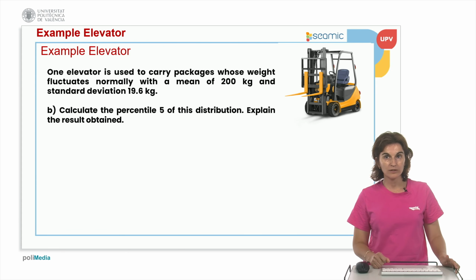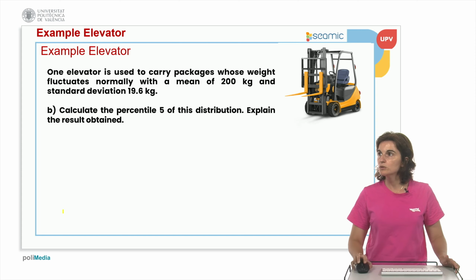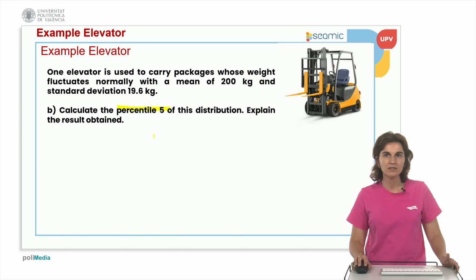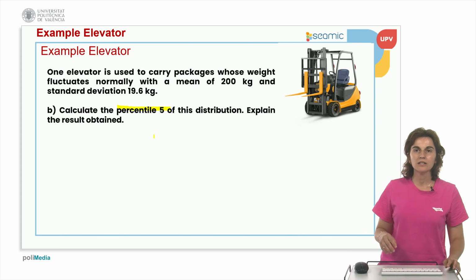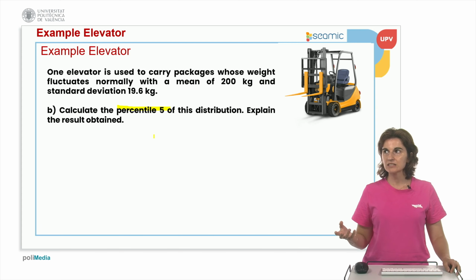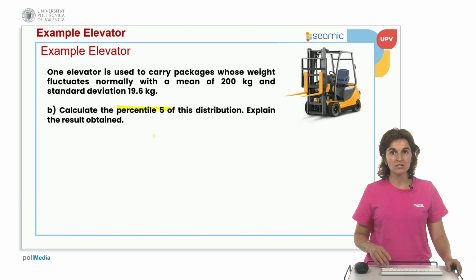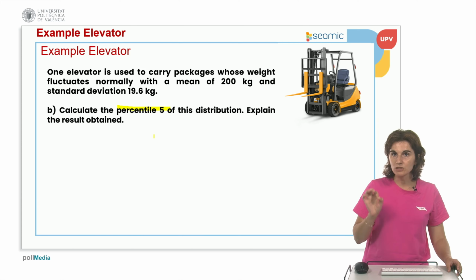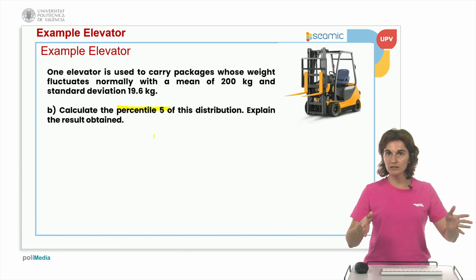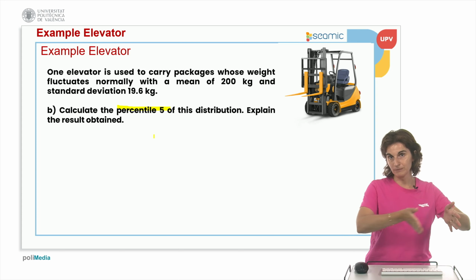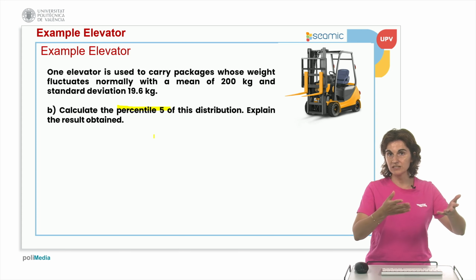Next question that we are going to answer is to compute percentile 5 of this distribution. And maybe we may be surprised by this question, why percentile 5? This was a concept we learned in exploratory data analysis, but we can refer to percentiles in this unit about distributions because percentile have some classic and clear definition, which is the number that lives below 5% in this case of the distribution.